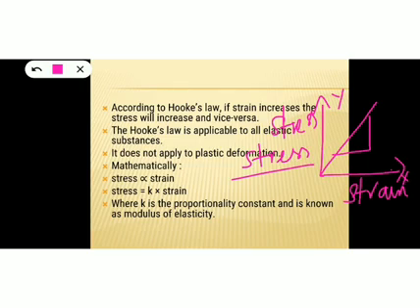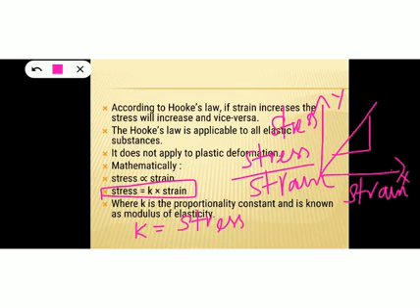And what quantity is plotted along y? It is stress, and quantity plotted along x-axis is strain. So y by x ratio is equal to the ratio stress by strain. And what is the stress by strain? From this expression, K is equal to stress divided by strain.